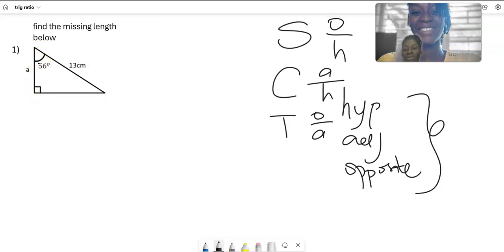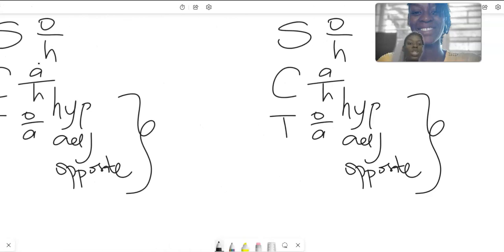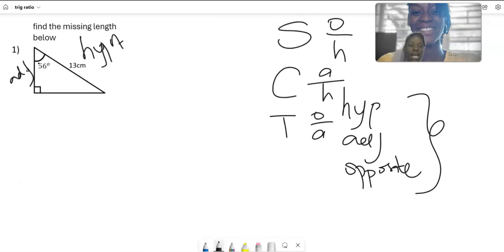That means we want the adjacent side. And you know that the slant side is the hypotenuse, so that means you have the hypotenuse. So which one of the trig ratios, sine, cosine, or tan, uses adjacent and hypotenuse? Cos. So that means we would be using the cos ratio to solve the problem.